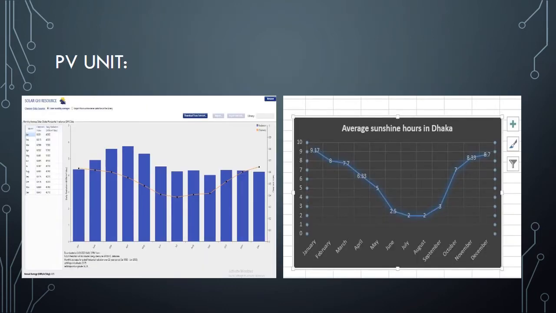These are some of the data that I have gathered from the HOMER software. It is seen that the average irradiance in my region is around 4.6 kilowatt hour per meter square, and the average sunshine is around 5.8 hours per day. For this reason, I'm going to be using a pump of around 100 watt.